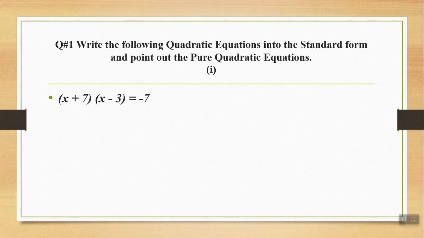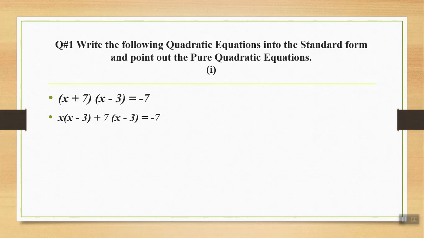You know very well how we multiply 2 factors, but again I'll repeat the process. The first step, x into x minus 3. What does that mean? We just have to multiply the first value of the first factor into the second factor, plus the second value of the first factor into again the second factor.